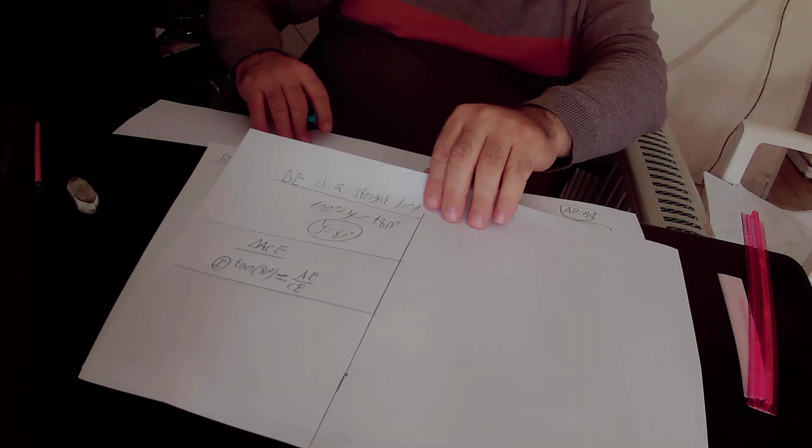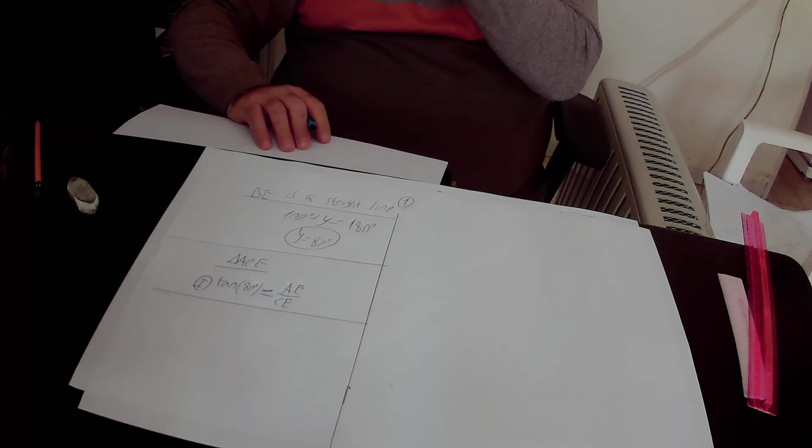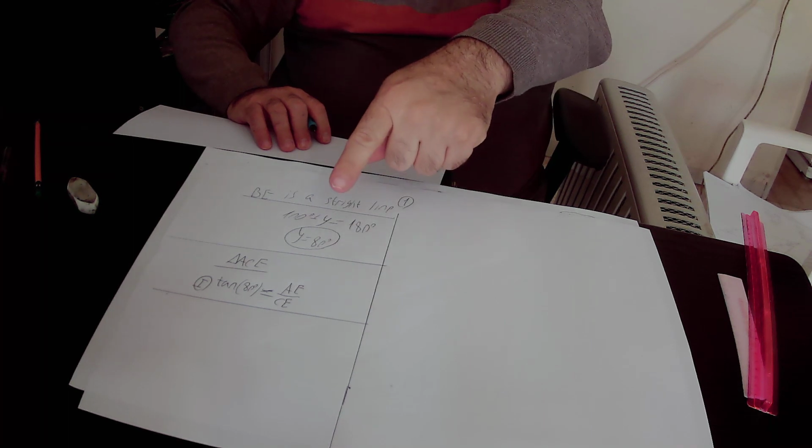I will repeat again. In the right triangle ACE, tangent 80 degrees equals AE over CE.